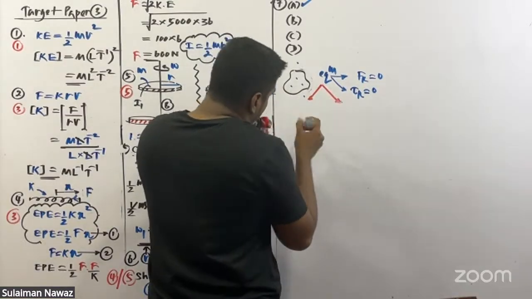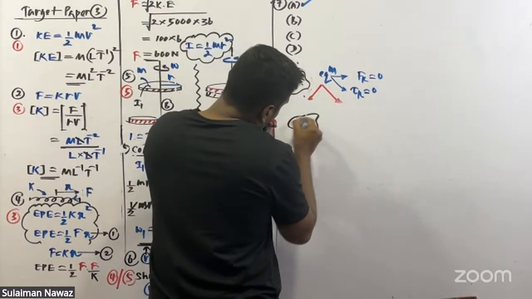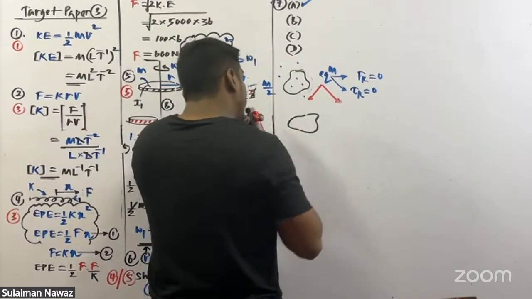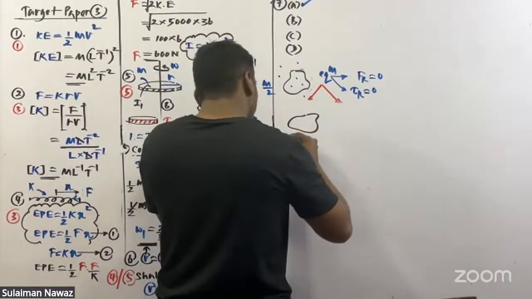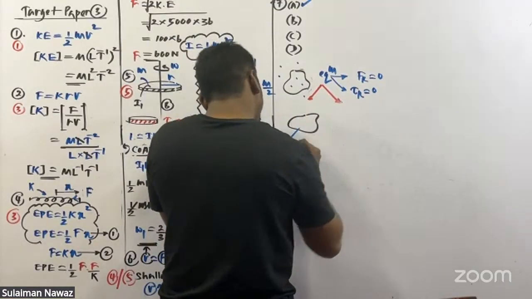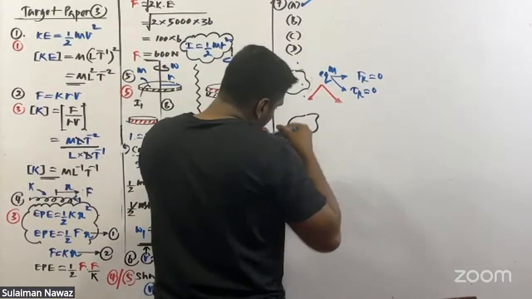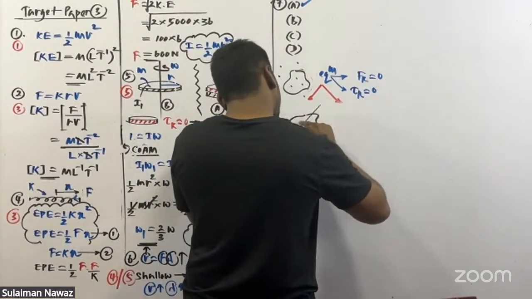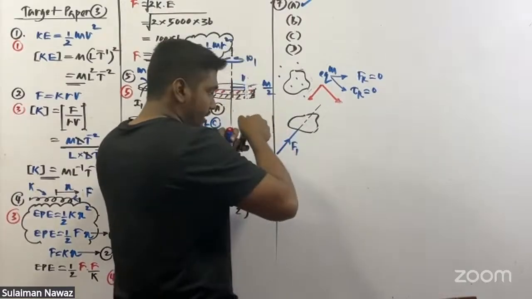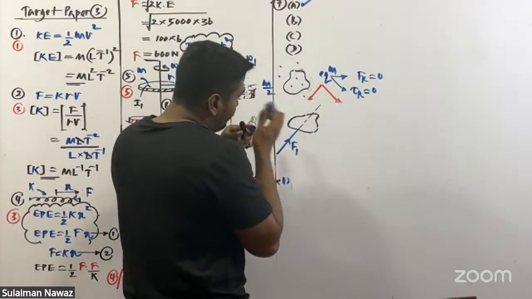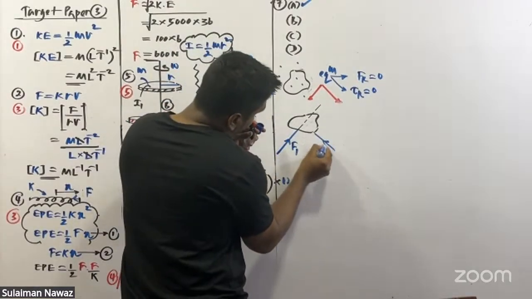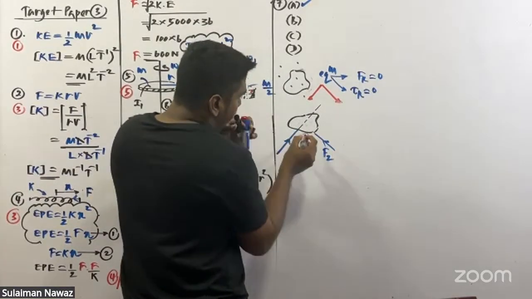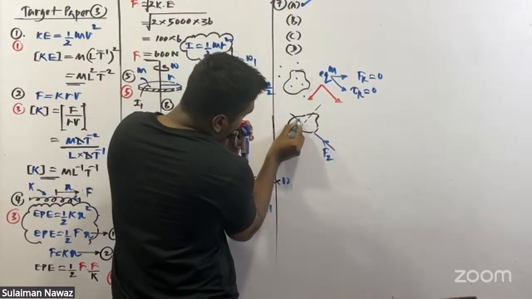The first case is, let's say this is under equilibrium under 3 inclined forces. For this force F1, I explained that the line of action of F1 is going to be in this direction. There's another force acting on this object, F2, whose line of action goes in this direction.